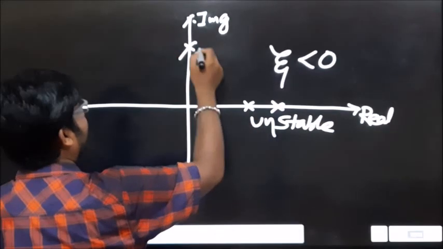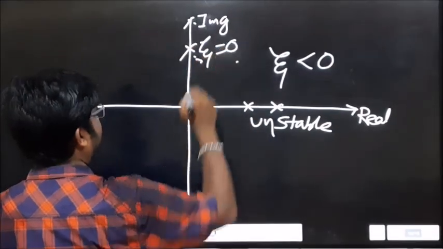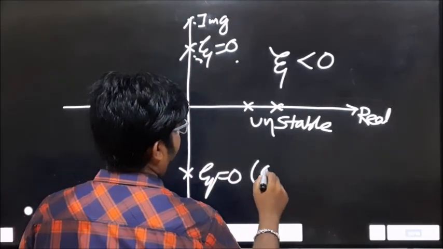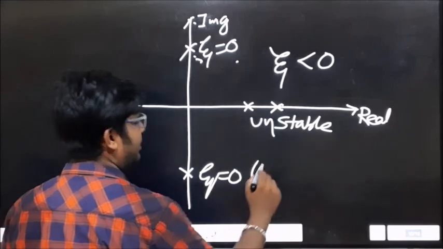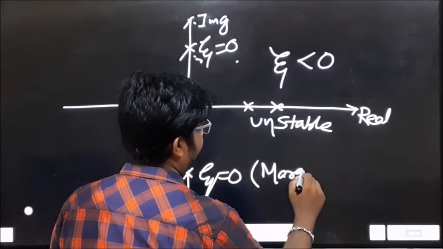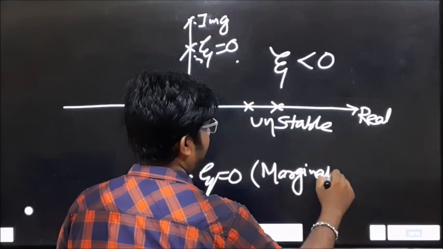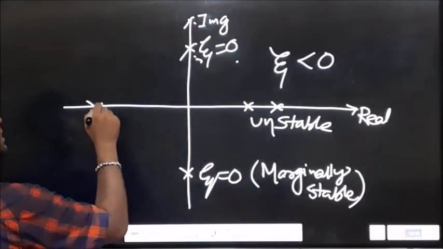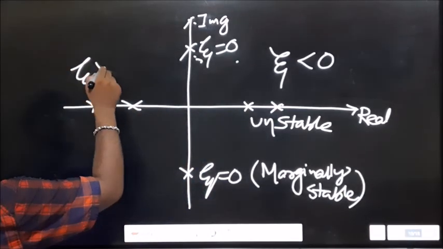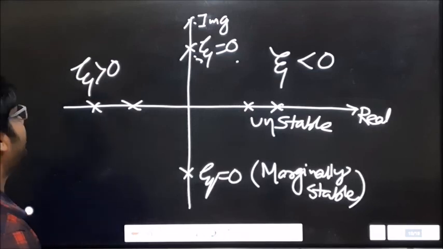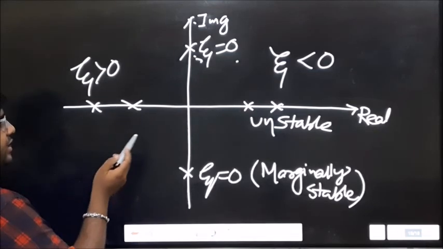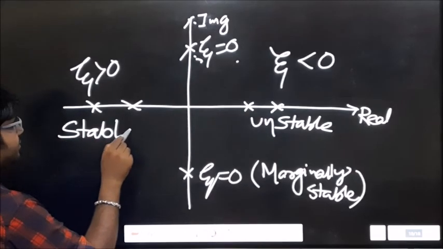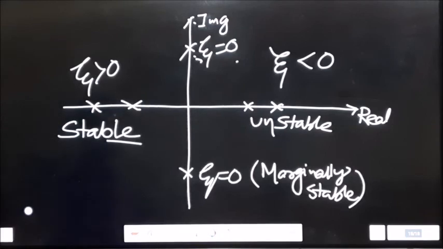When zeta is equal to 0, the poles are on the imaginary axis, and the system is marginally stable. When zeta is greater than 0, the poles are in the negative half of the S-plane, then the system is stable. So this is the summary.